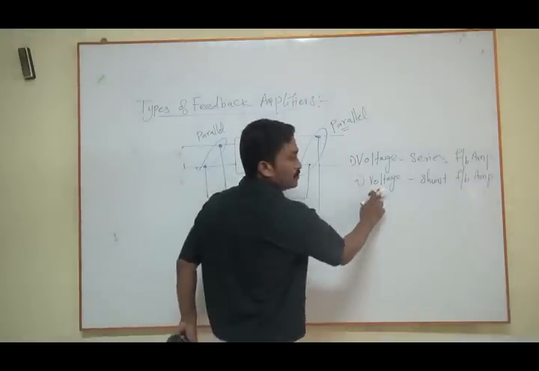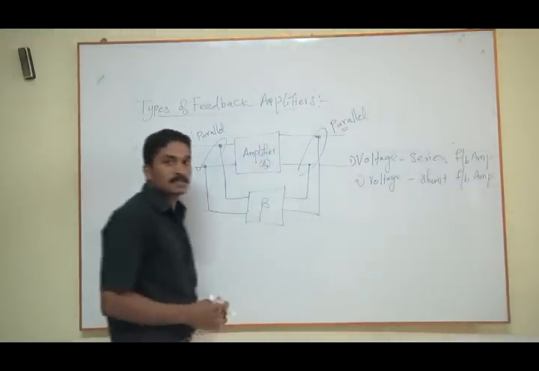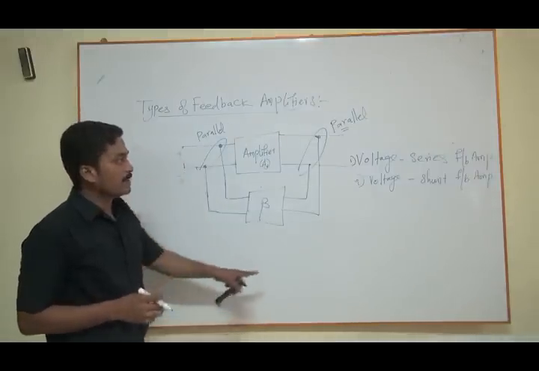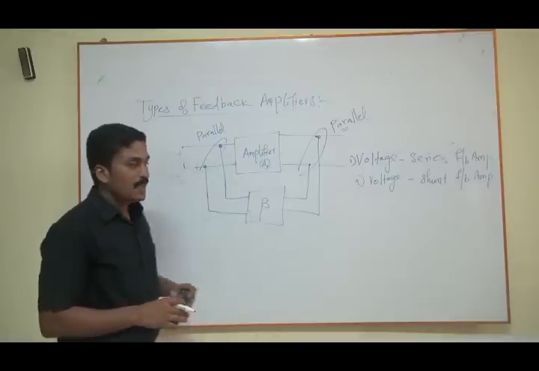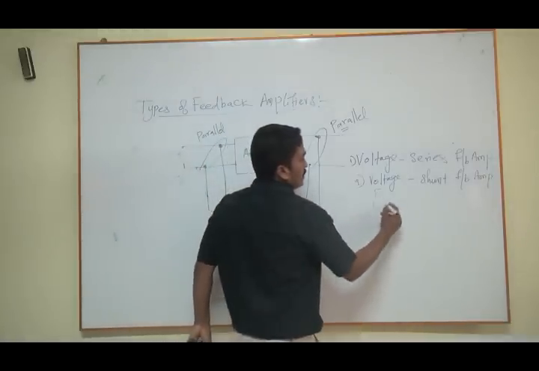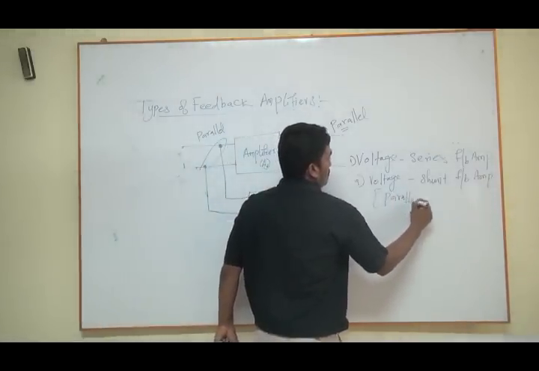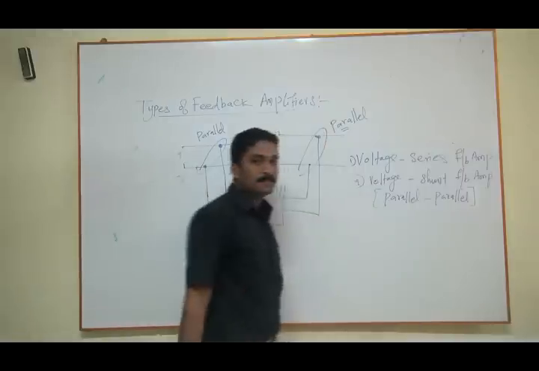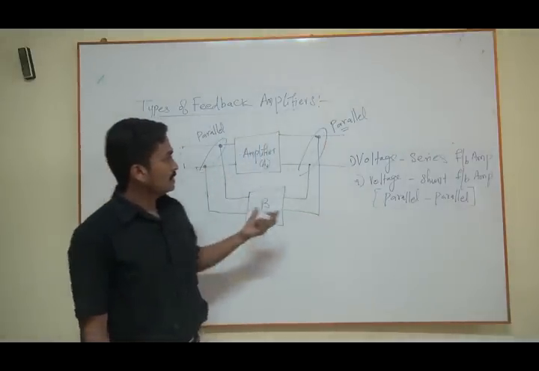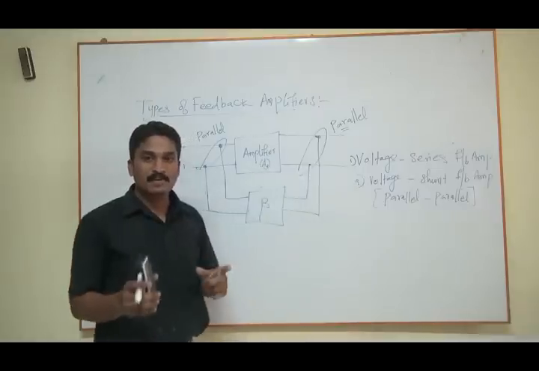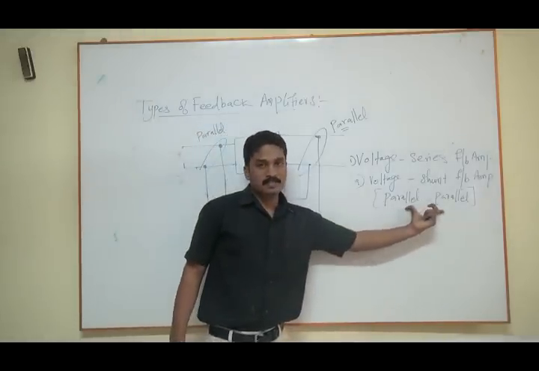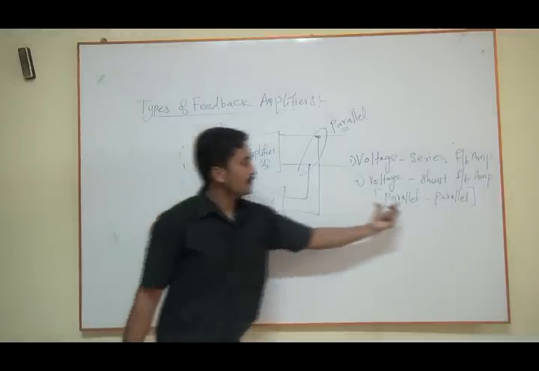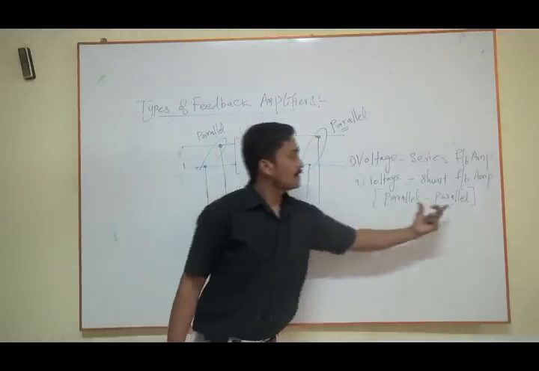So output side parallel and input side also parallel is what is called the voltage shunt feedback amplifier. Clear? And the same you can say in another word, parallel feedback amplifier, because input side is parallel and output side is also parallel. Whenever you say it in terms of this connection, you have to represent the first connection over here and the second connection over here.